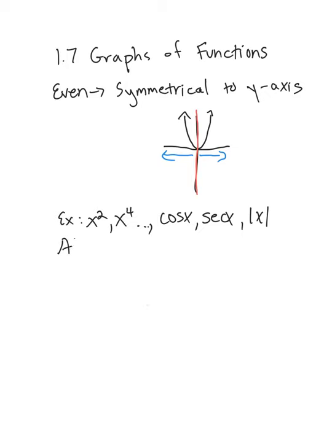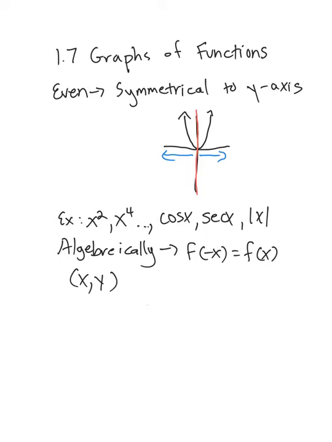So algebraically, our f of negative x should equal f of x, because the y values are going to be the same regardless of going forward or going backwards. That means if it is an even function, negative x must also equal the exact same y.